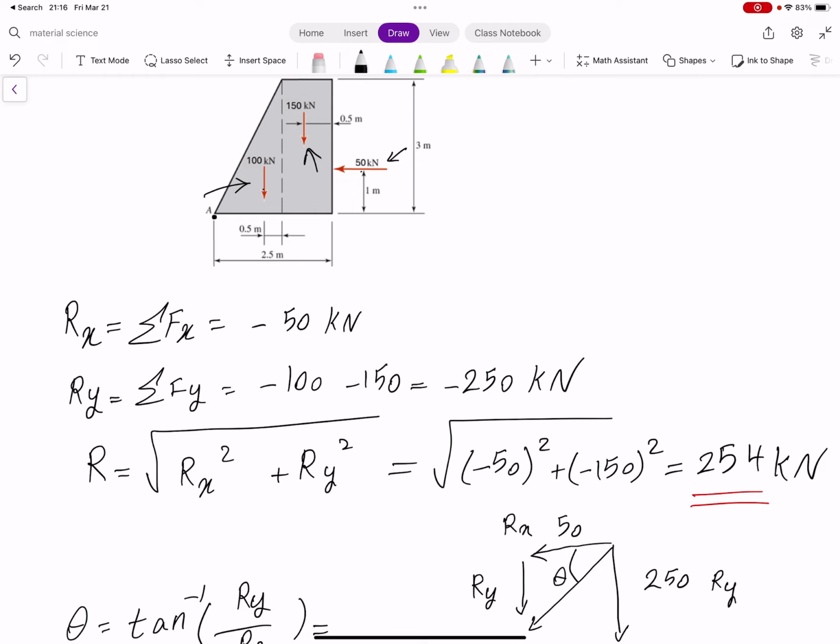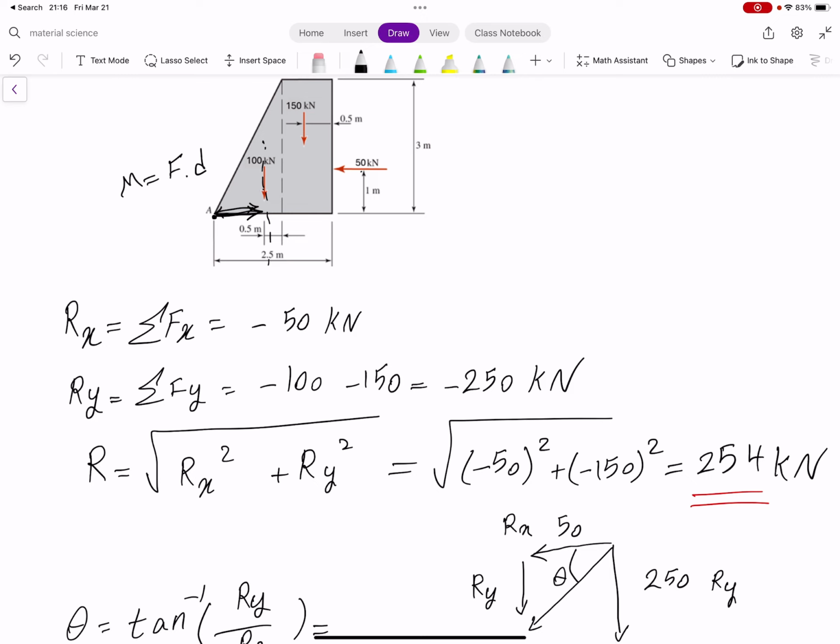Let's use 100 first. The 100 has the distance we need for the moment. We need F times D. F is 100. What is D? You have to draw the line of action. This is my perpendicular distance. I need to find this part.